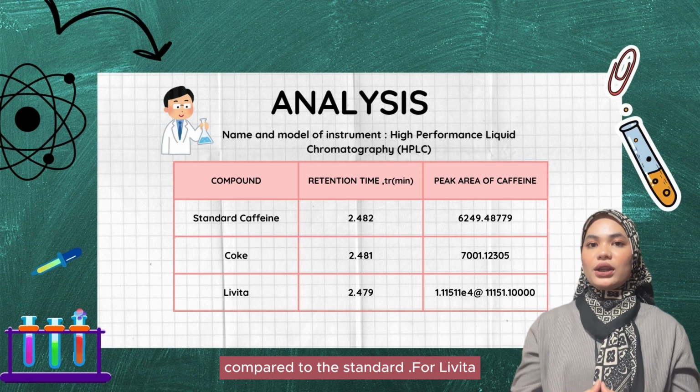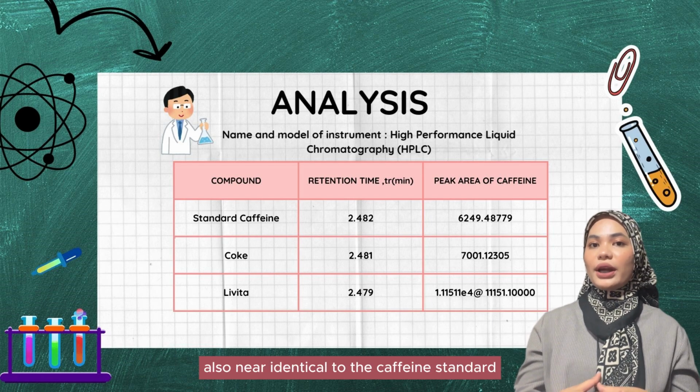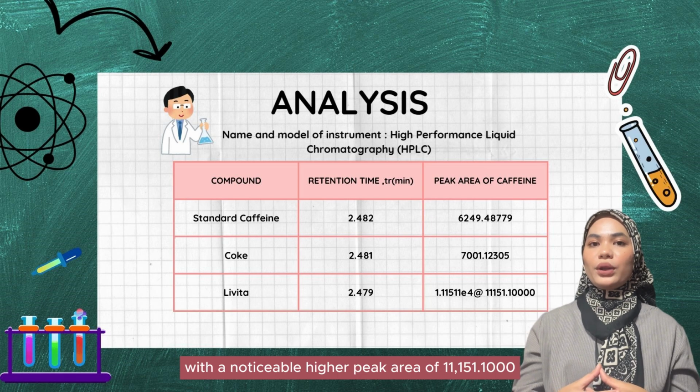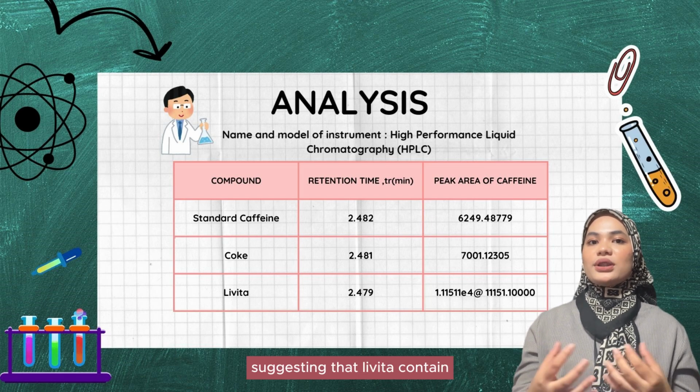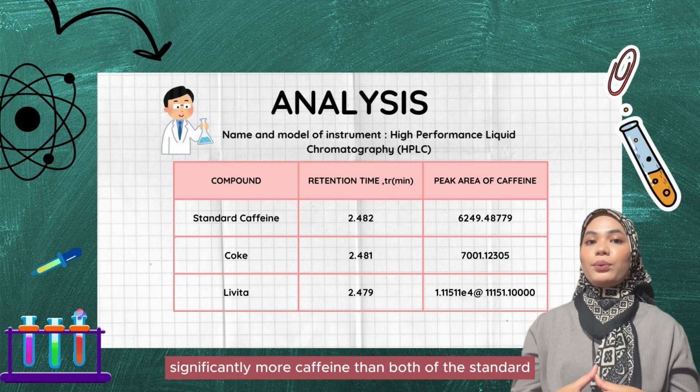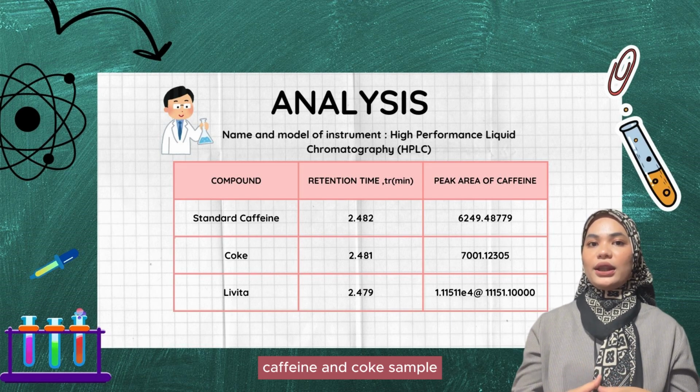For Levita, it shows a retention time of 2.479 minutes, also nearly identical to the caffeine standard, with a noticeably higher peak area of 11,151.1000, suggesting that Levita contains significantly more caffeine than both the standard caffeine and the Coke sample.